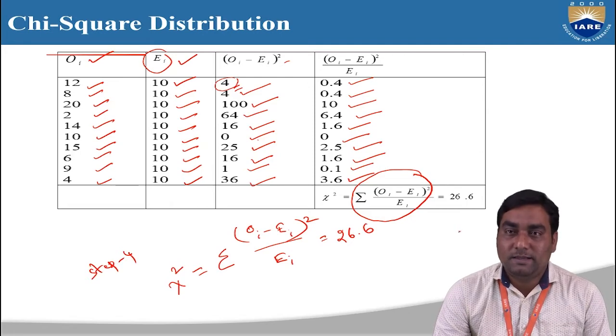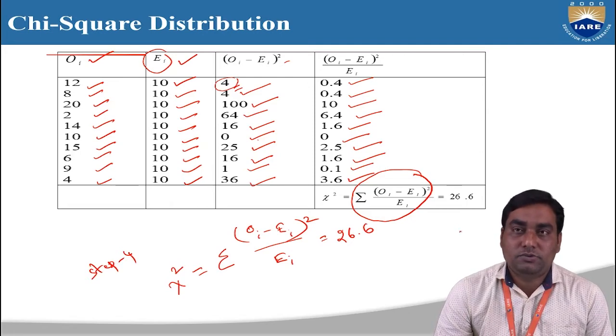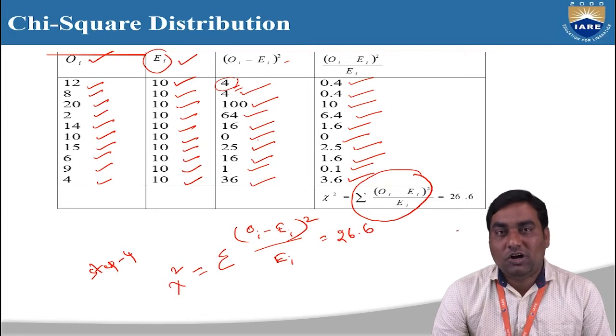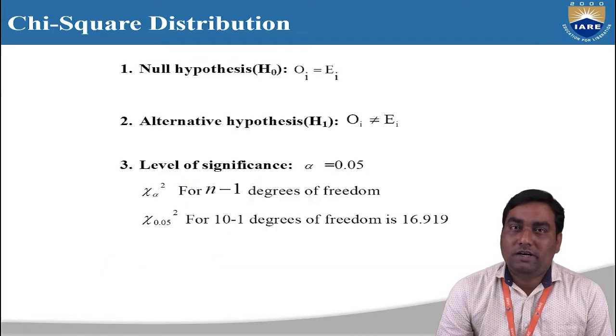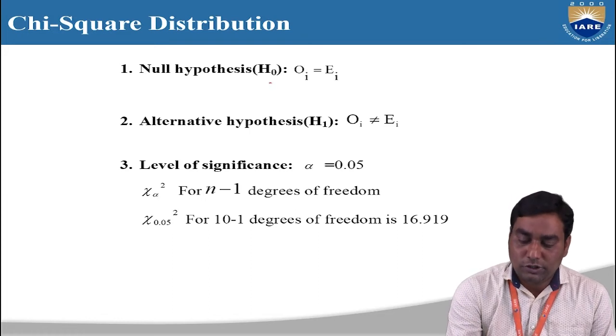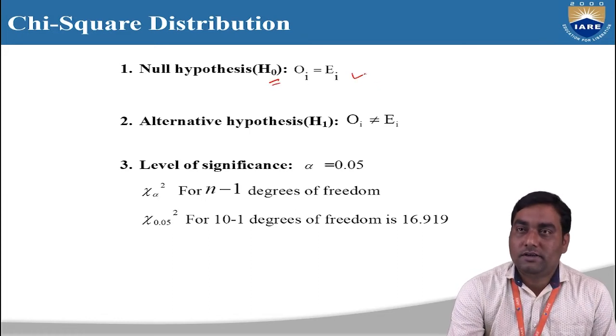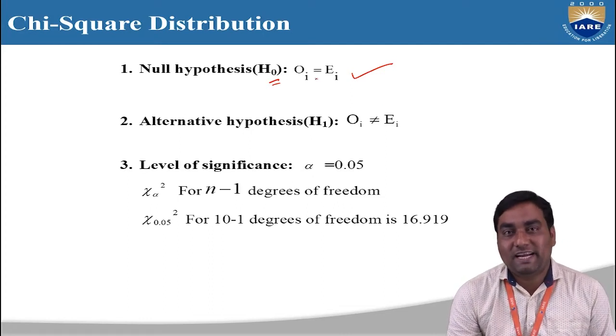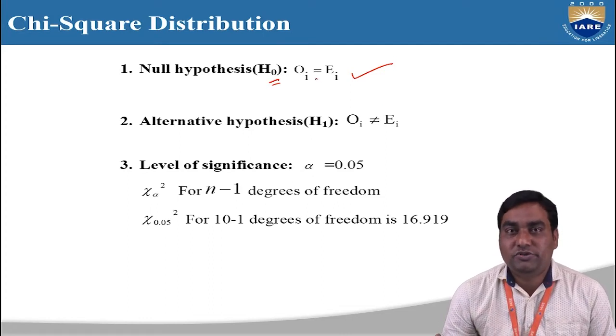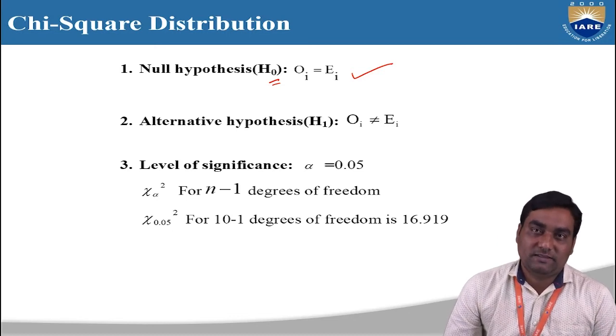What are the remaining steps? Step 1, step 2, step 3 and step 5 are common like previous tests. What is step 1 in the procedure of test of hypothesis? Null hypothesis. We are going to assume that there is no significant difference between observed and expected frequencies.